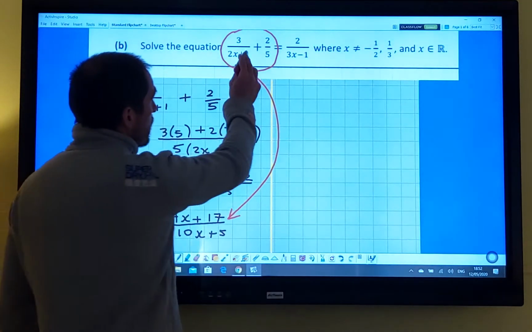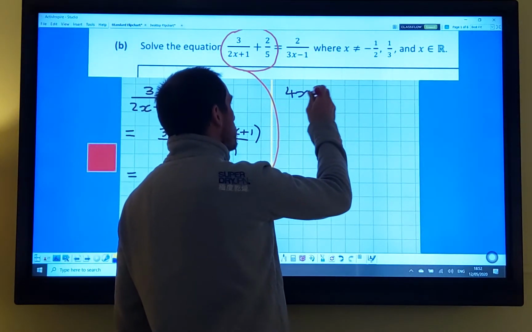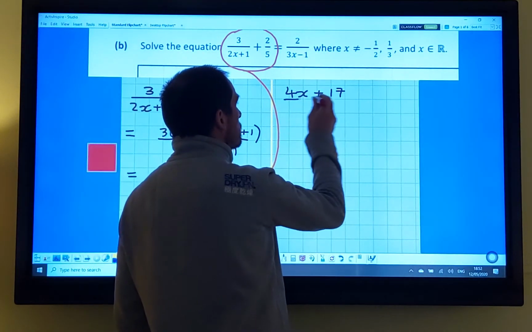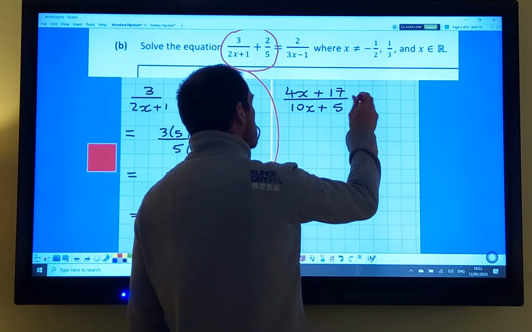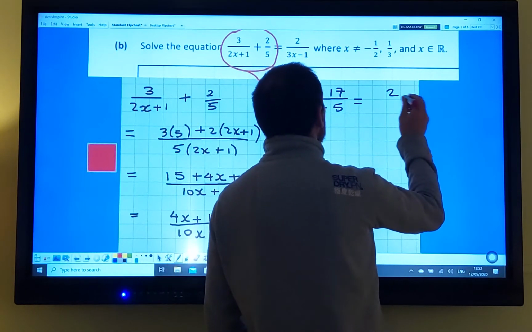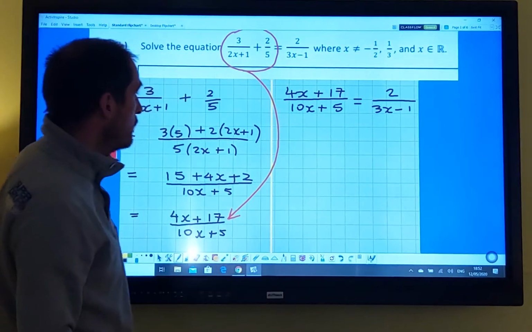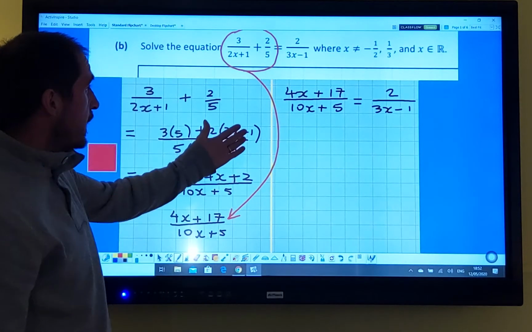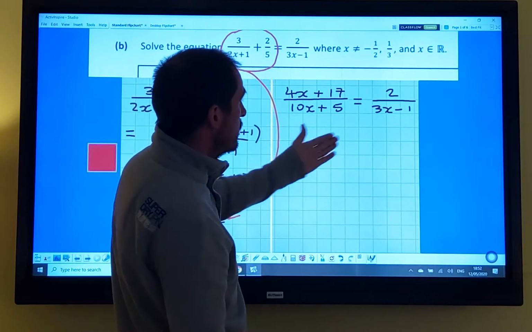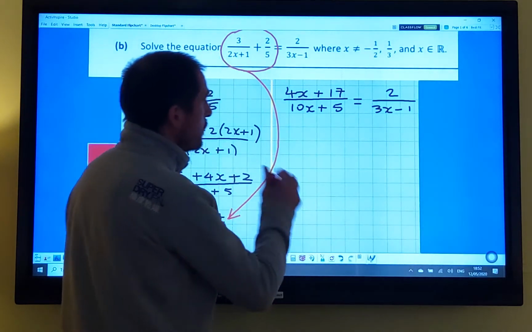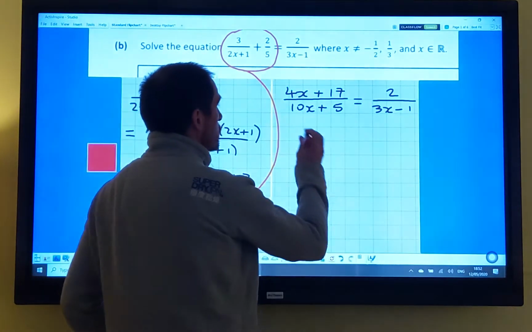So instead of writing that, I can now say 4x plus 17 all over 10x plus 5 is equal to 2 times 3x minus 1. Again, this is a technique where we cross multiply. We multiply both sides by 10x plus 5, they cancel on this side, leaving 2 times 10x plus 5. And we multiply both sides by 3x minus 1.